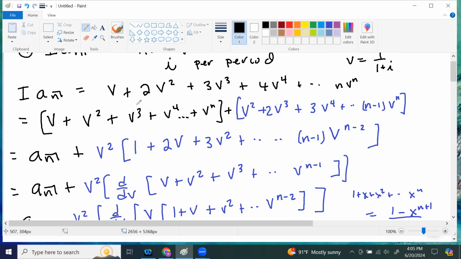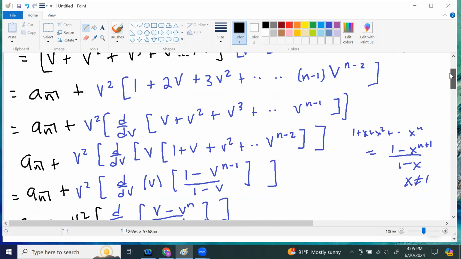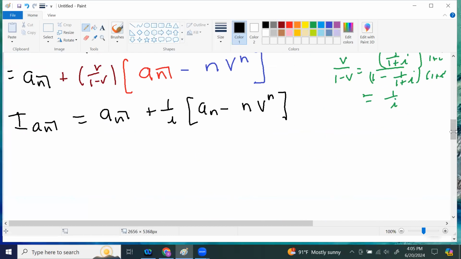Suppose instead of this, where we started with this and added this here, suppose now we had the following. Suppose what we wanted to deal with was this.